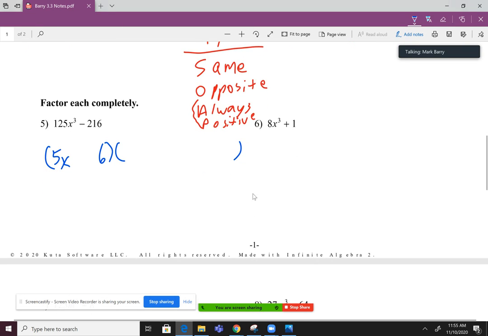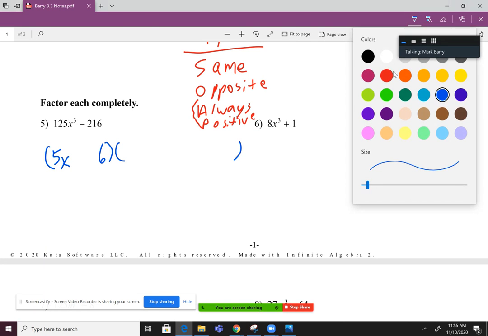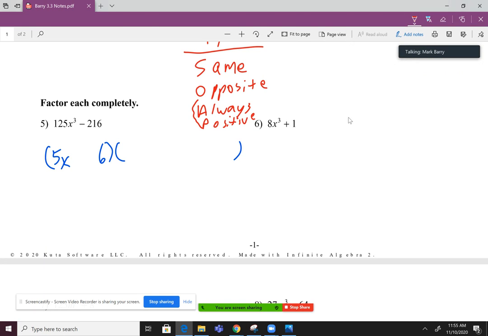Now to build the big parentheses, I build it off of the small one, okay? Here's how I visualize it. I think this is the easiest way to think about it. The first thing I do is take the first thing on the small parentheses that I just built and multiply it by itself. That whole thing. 5x times 5x. Well, what is that? 25x squared. So build the small parentheses first, and then do the first term times itself.